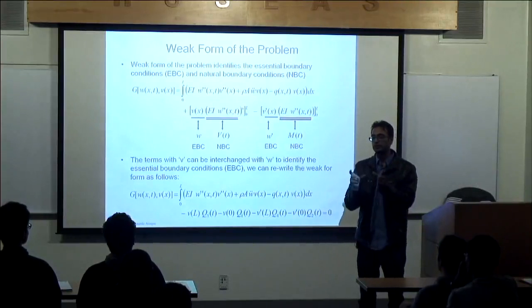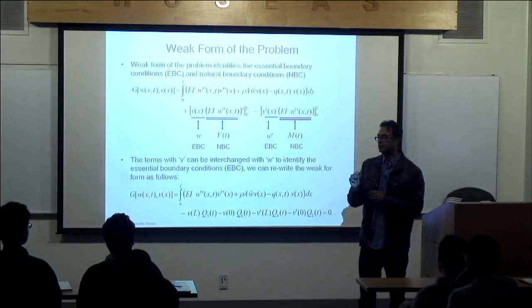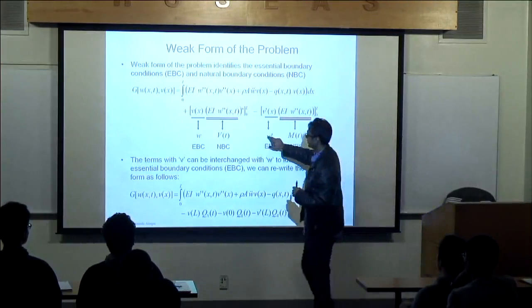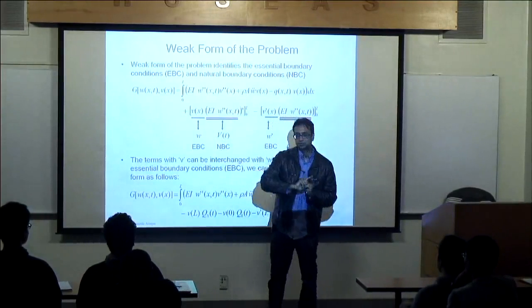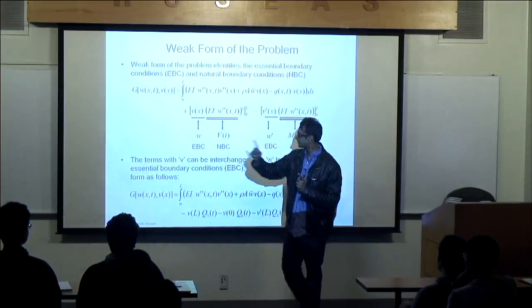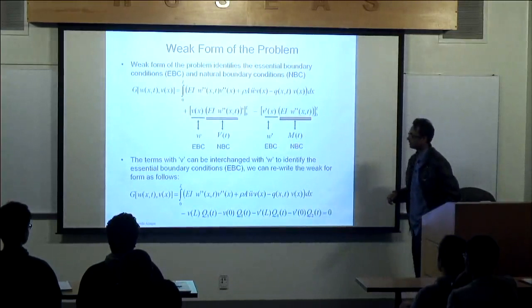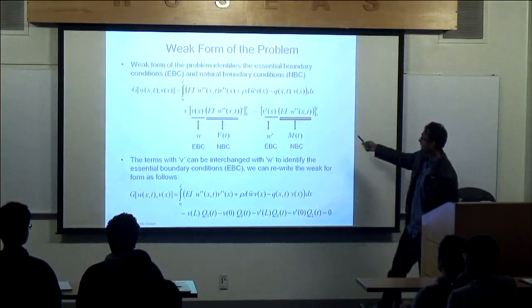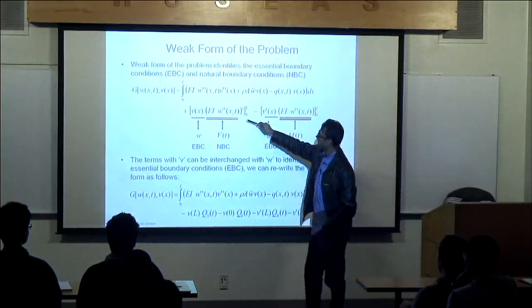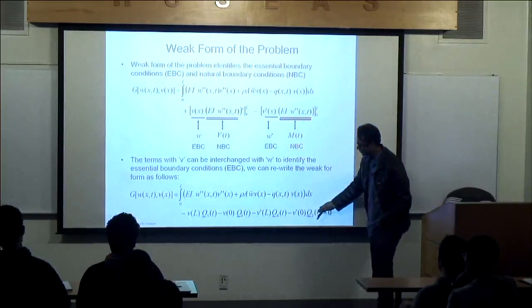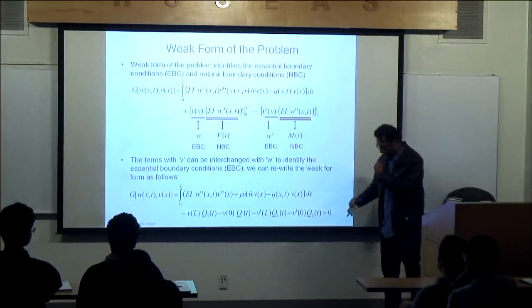A conforming element is one where the variable that we're, the essential boundary condition term, is continuous across element boundaries. We will then substitute this with Q's to have an equation like this. That's the weak form.